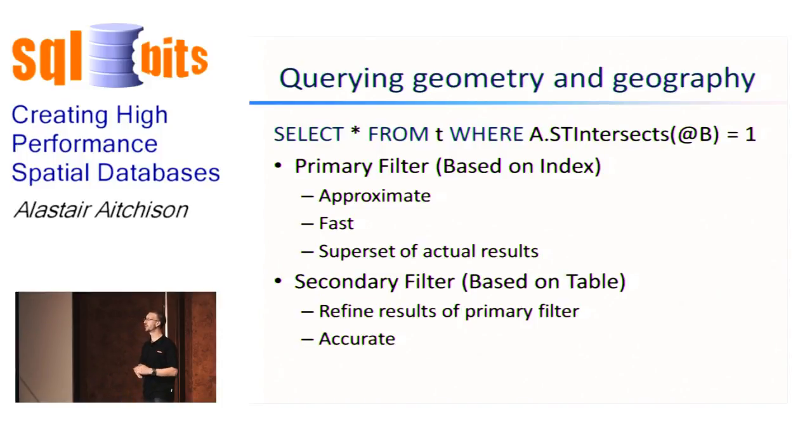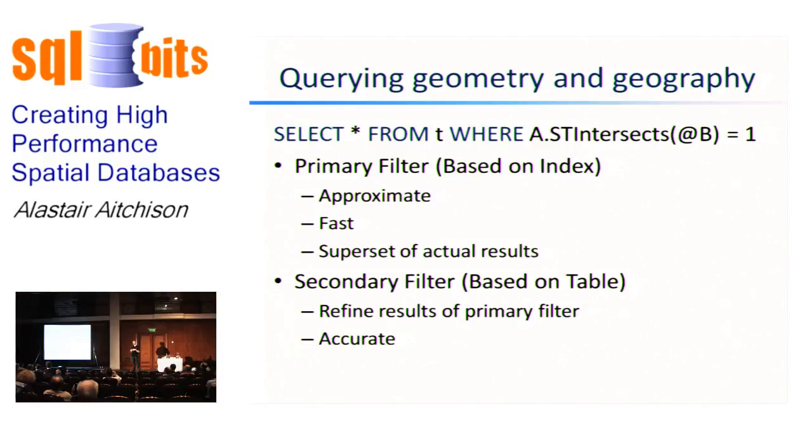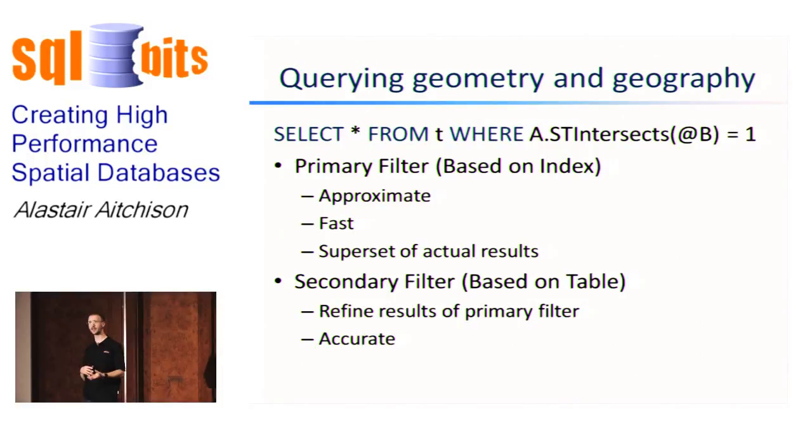And these filters work on slightly different sets of data. The primary filter goes to the spatial index of the table if one exists. And the secondary filter then compares the actual values themselves. Okay? If you don't have a spatial index on your table and you run that query against it, all of the work must be done by the secondary filter. And as it says there, the secondary filter is accurate, but it's slow.